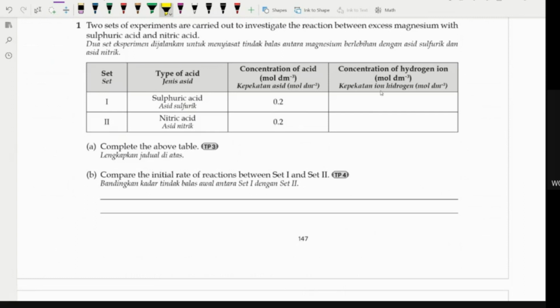Step number 1, class. If sulfuric acid concentration is 0.2, how about the concentration of hydrogen ions? What do you think? You can type your answer. If this one is 0.2, how about this one? Is it the same or different, class?